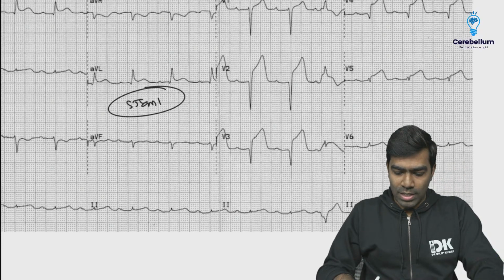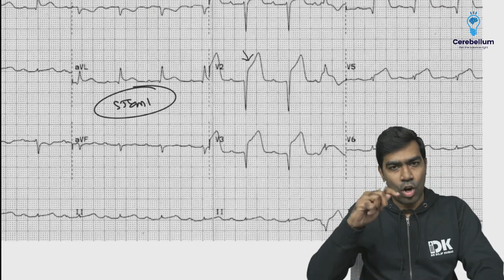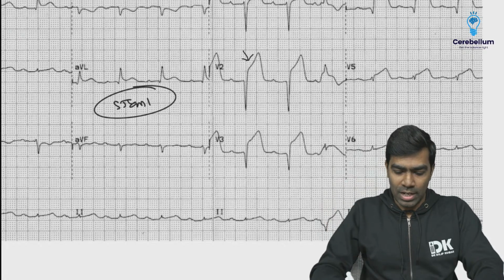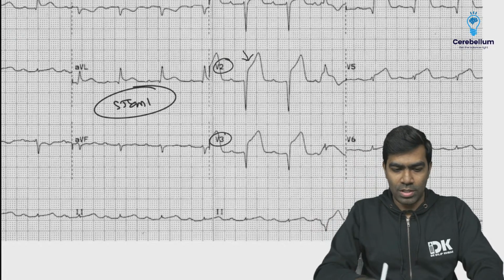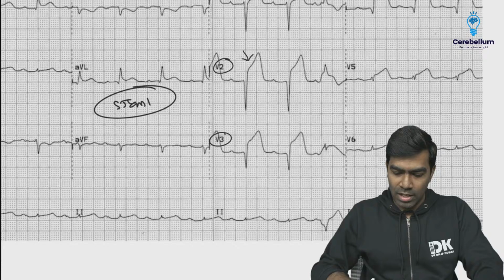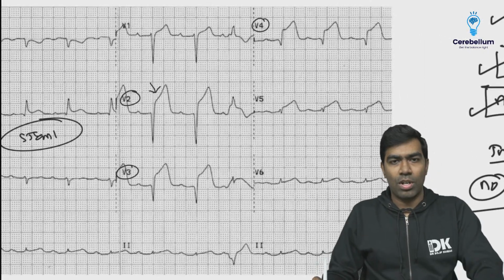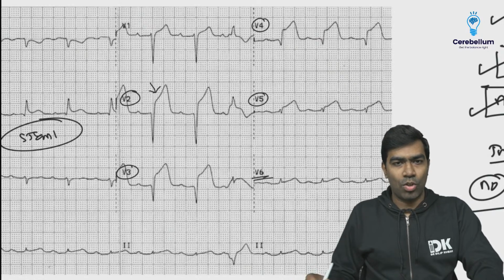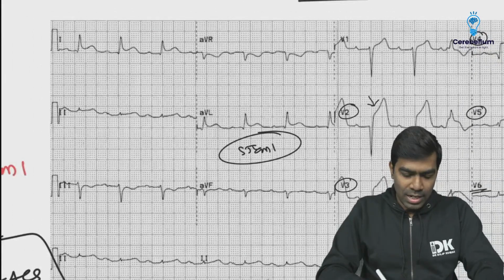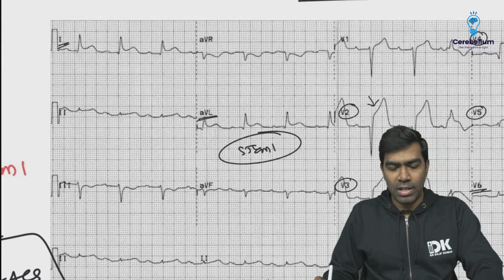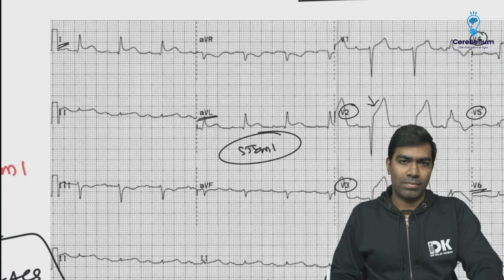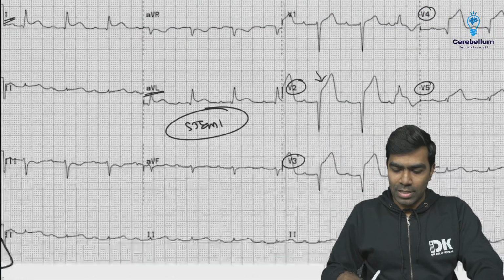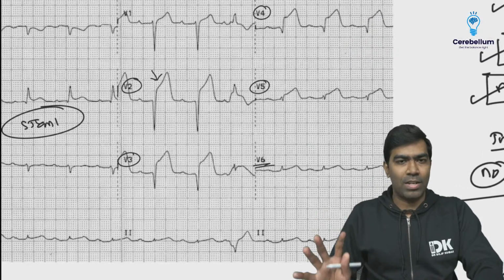Okay. So what you're seeing here is a nice convex ST segment elevation that is seen in leads V2. You are seeing it in lead V3. You are seeing it in lead V4. You are seeing it in lead V5 and a little bit in lead V6 also. And you are also able to see a little bit in lead 1 and a little bit in lead aVL as well. Okay, so this is a clear-cut ST segment elevation myocardial infarction.